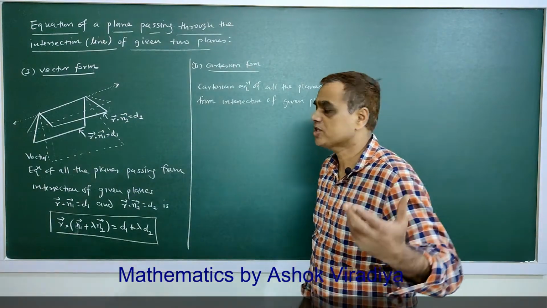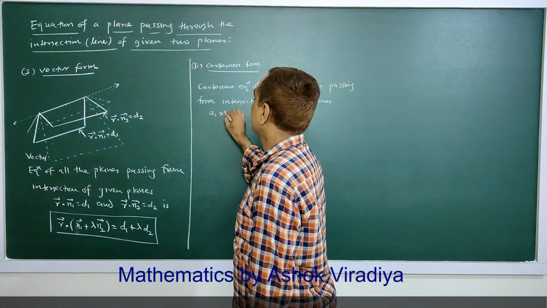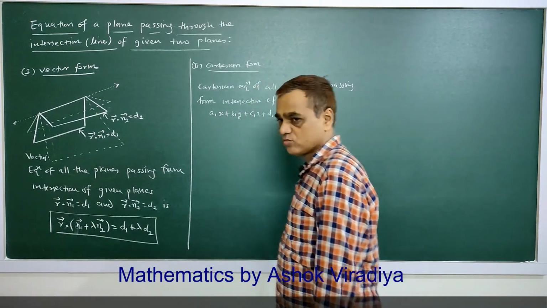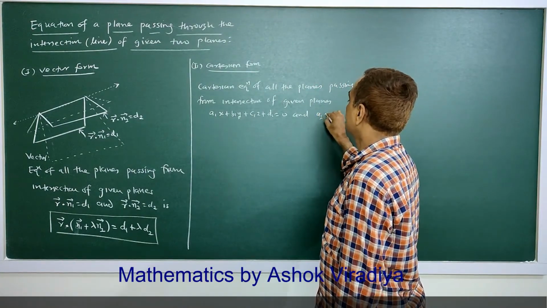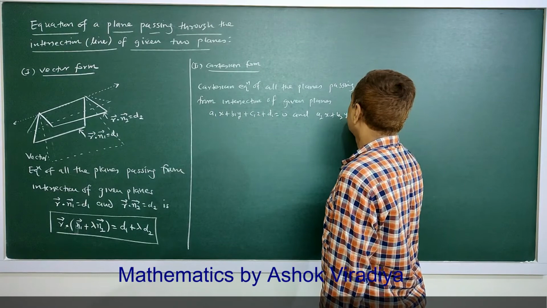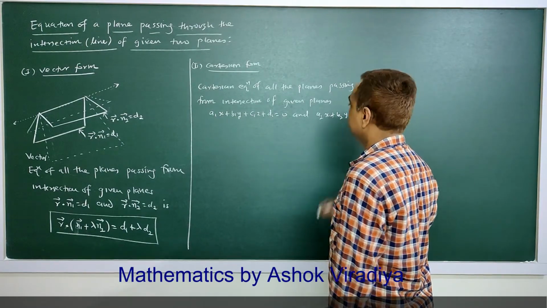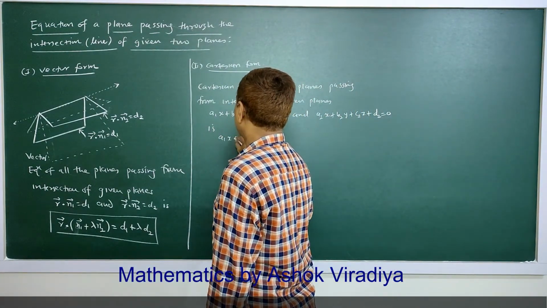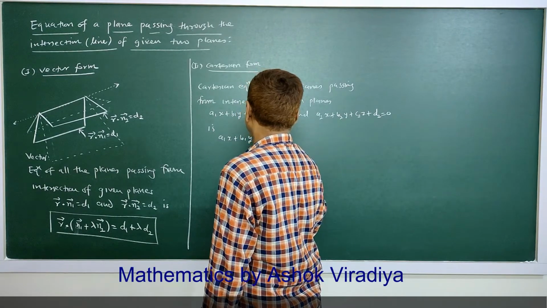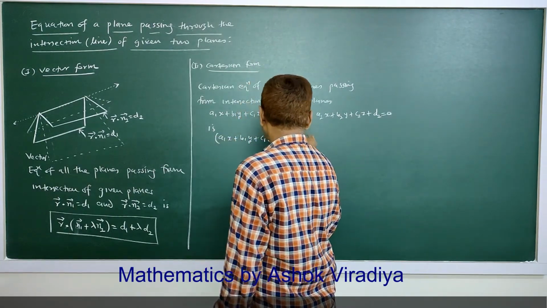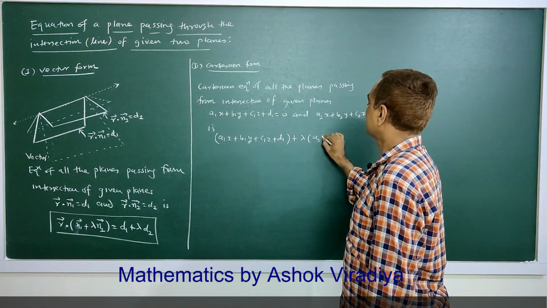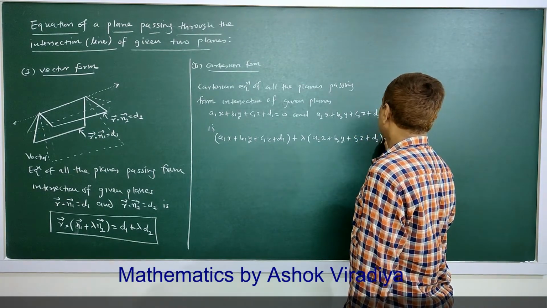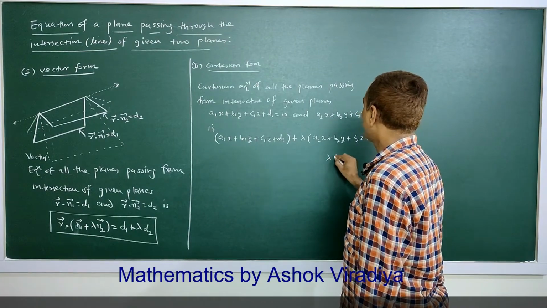Now I am putting the given planes in Cartesian form. Suppose the first plane is a1x plus b1y plus c1z plus d1 equal to 0, and the second is a2x plus b2y plus c2z plus d2 equal to 0. Then the equation is a1x plus b1y plus c1z plus d1 plus lambda times (a2x plus b2y plus c2z plus d2) equal to 0, where lambda belongs to R.